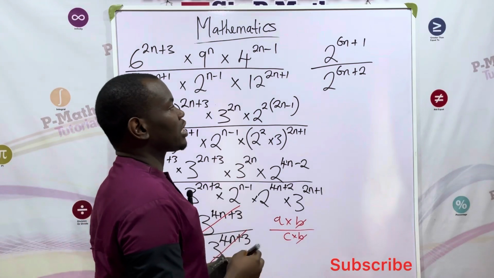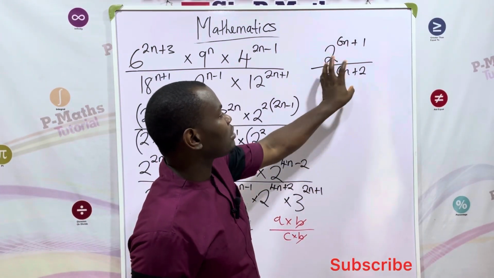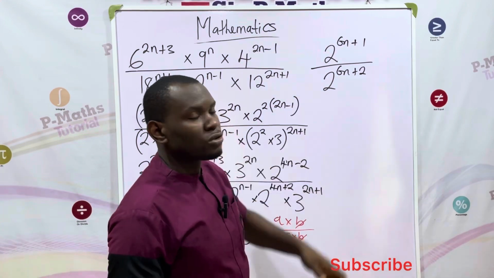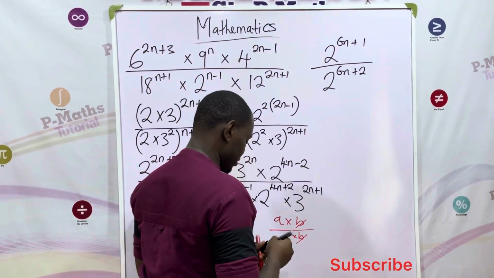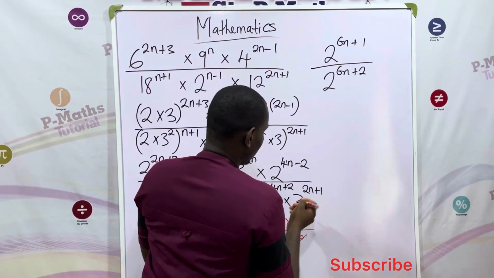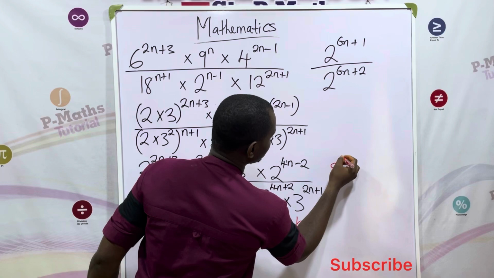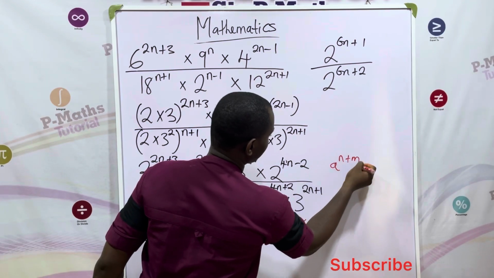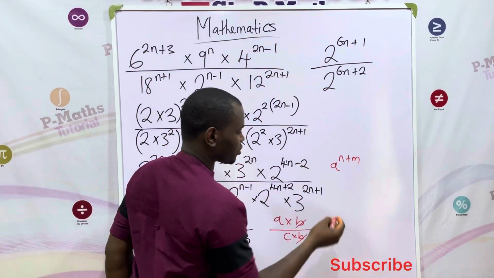So what else can we do from here? You know that these powers can be separated using multiplication. One of the laws of indices says that when you have, let's say, a to the power of n plus m, you can split the powers to base of a using multiplication.